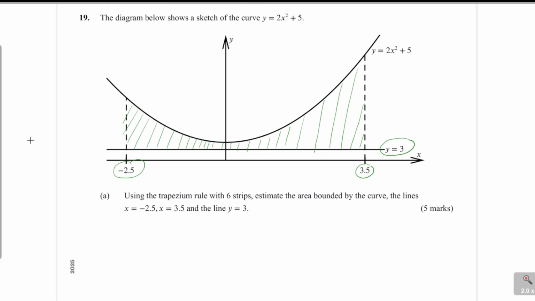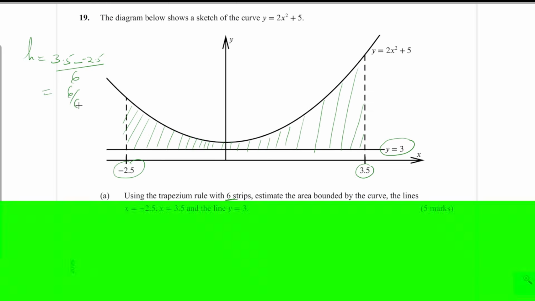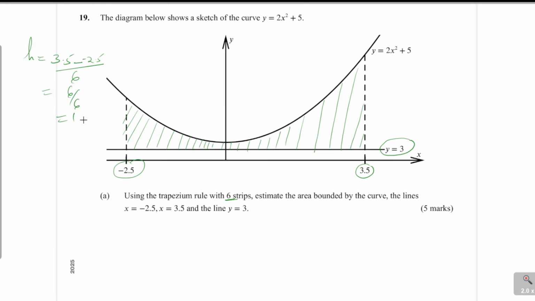Therefore, you have to prepare the table of values in order to use the trapezium rule with 6 strips. So what will be the interval? You take 3.5 subtract -2.5, then divide by the number of strips required. This gives 6 divided by 6, and the interval will be 1.